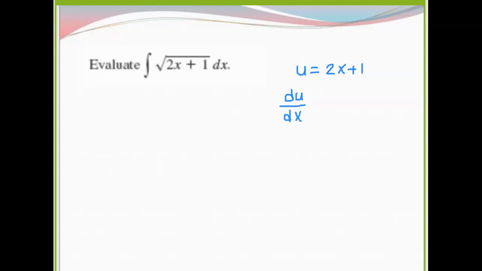The derivative of u with respect to variable x is du dx. So the derivative of 2x plus 1 is 2. So u is 2x plus 1, du dx is 2.